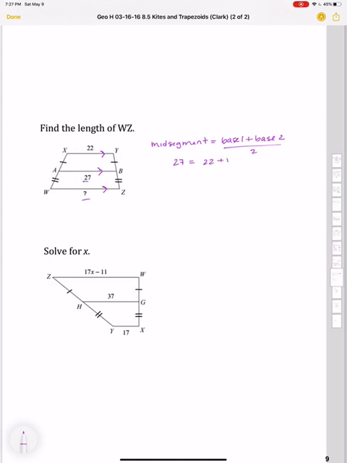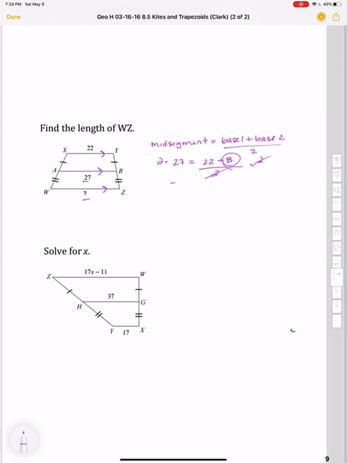We don't know base 2. And we know that you divide it by 2 to find the average. So I need to solve for B. I need to get that by itself. The first thing I'm going to do is multiply by 2 to get rid of the fact that it's being divided. I want to know what B is, not what B divided by 2 is. And you can't subtract 22 because it's not 22; technically, it's actually 22 over 2. So it's just easier to multiply and get rid of it.